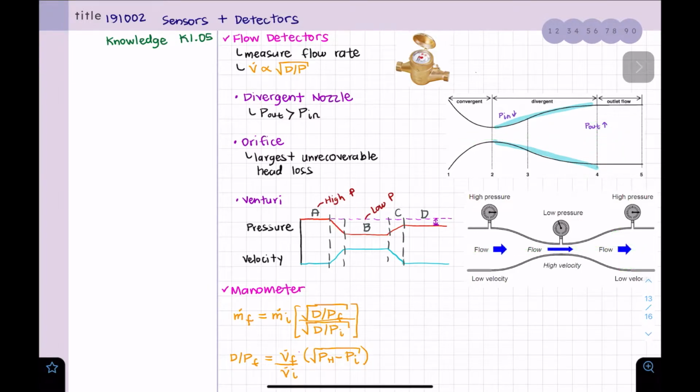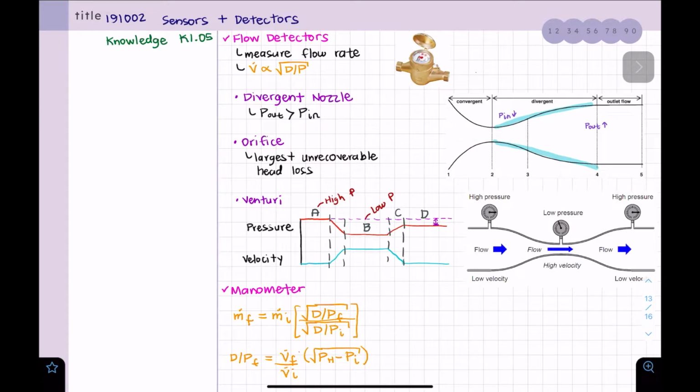So nozzle can be described as we already said, convergent and divergent. So a convergent nozzle is gonna give us a narrowing down. It's gonna start narrowing down from a wide diameter to a small diameter. And that's gonna be the direction of the flow.